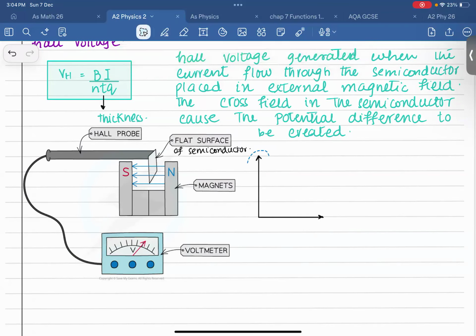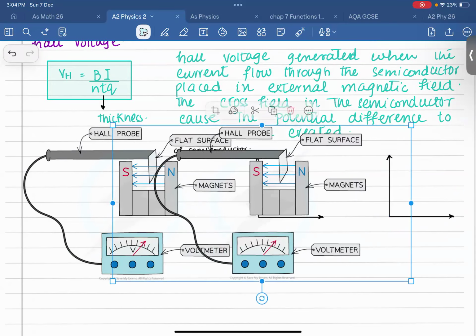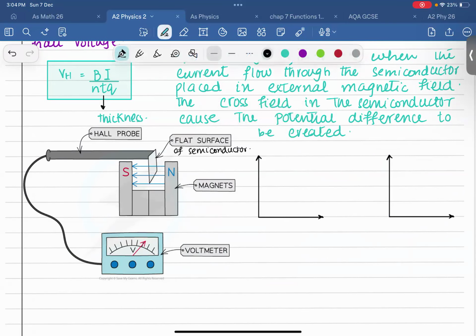So if I have the graph of B against t, and the graph looks like this, then the Hall voltage V_H against t will also be like that. Both will follow the same shape.